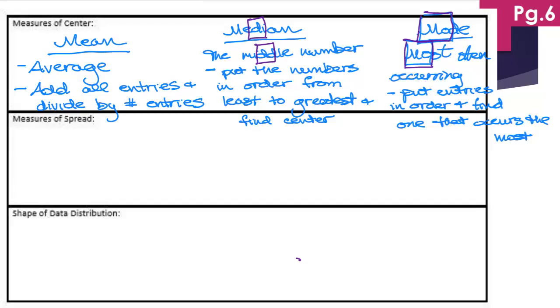All right, measures of spread. First up, we have the range. Now, this is different from the range when you're talking about domain and range, although that's another thing in math. The range is the difference between your largest number and your smallest number.